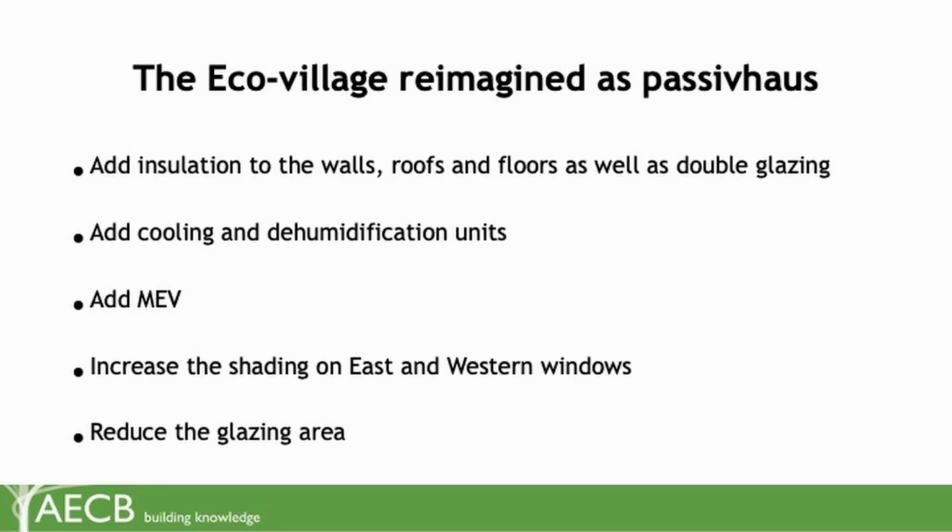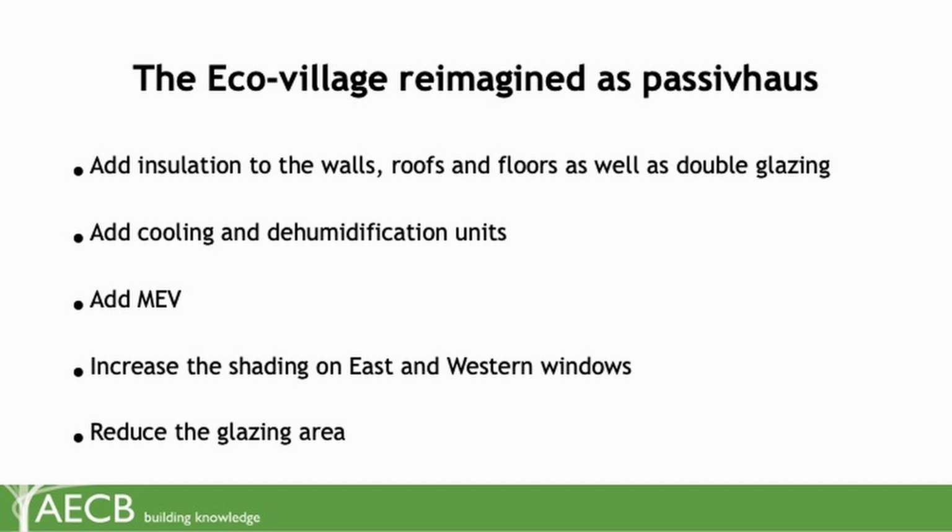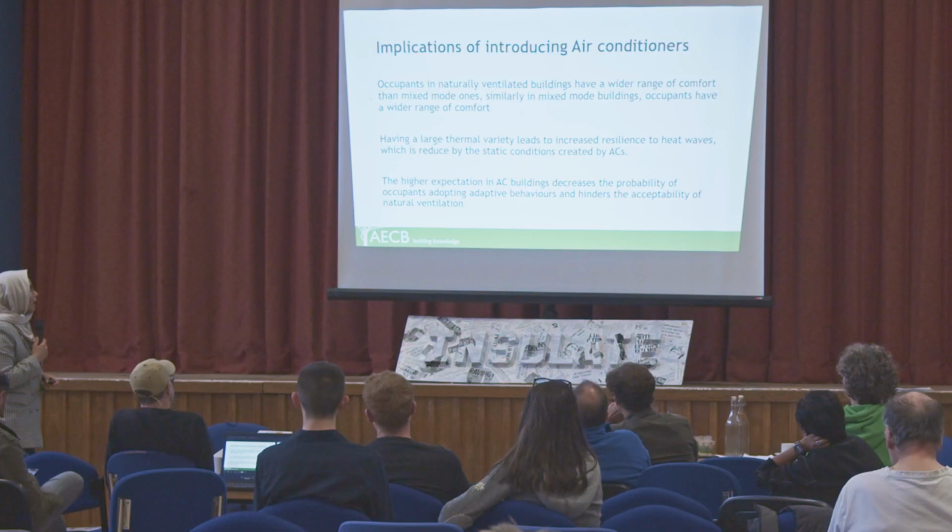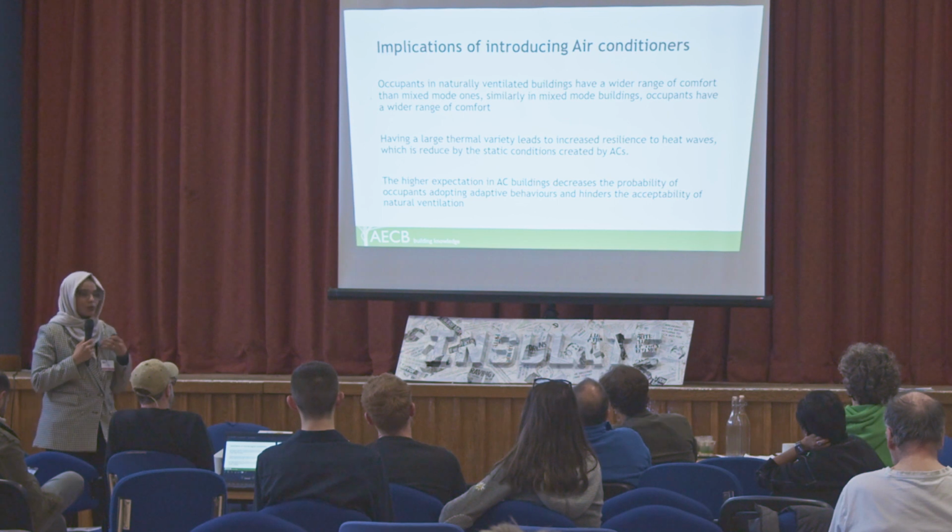We'd have to add cooling and dehumidification units. We'd have to use MEV. So we'd have to completely transition into air conditioning, because you can't run both modes at the same time. We'd have to increase the shading on the eastern and western walls even more, and we'd have to reduce the glazing area. I say glazing area, but we don't actually have glass.